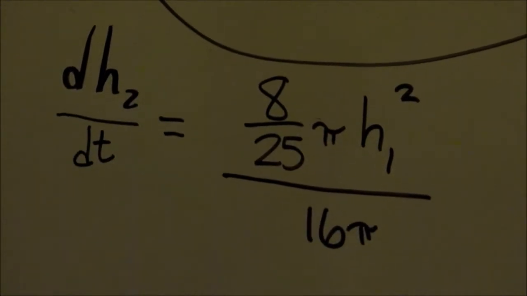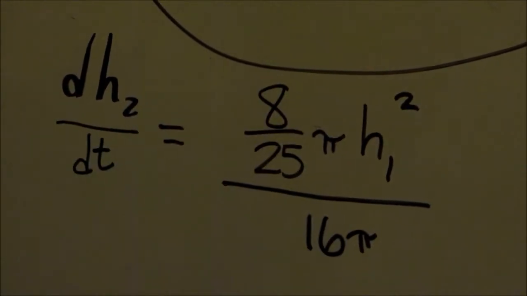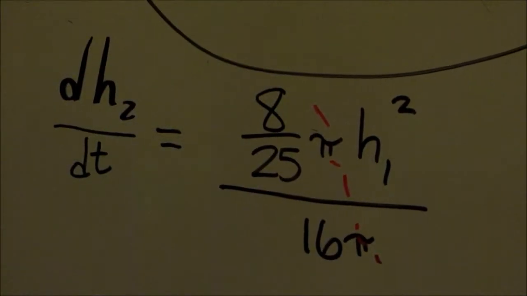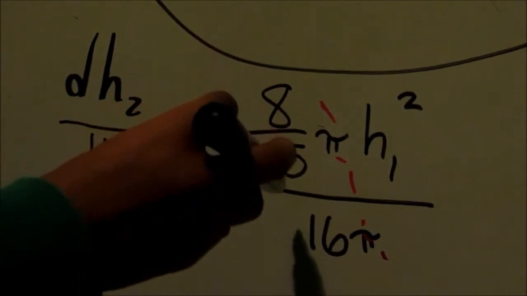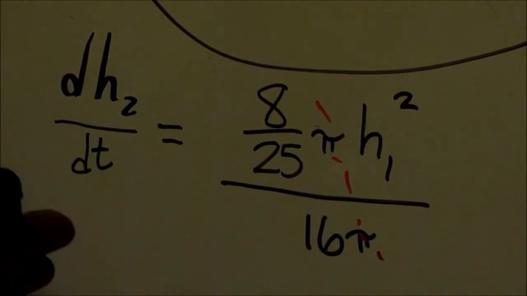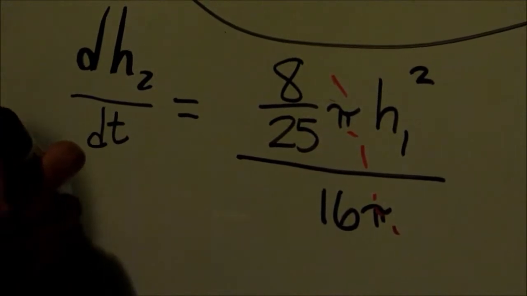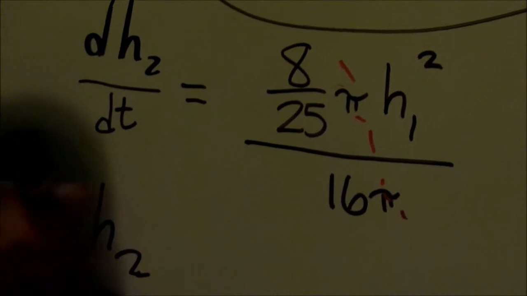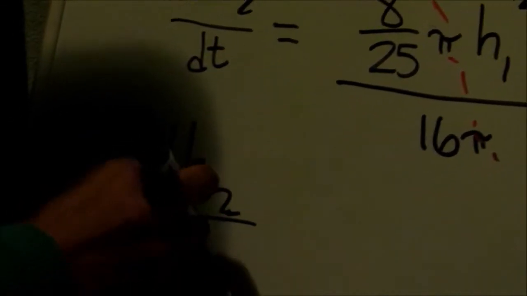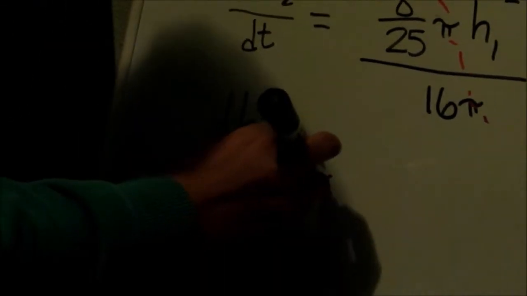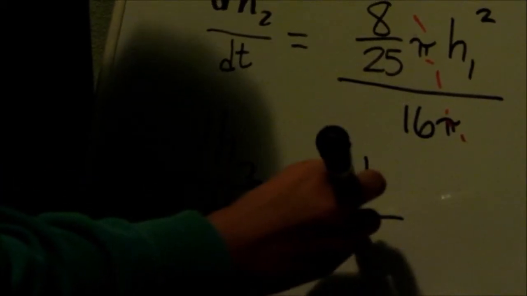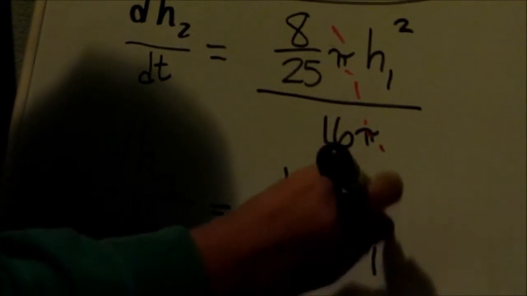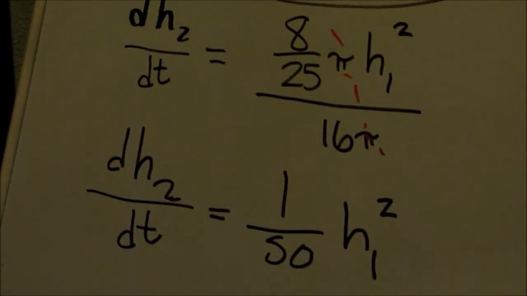To simplify, the pi's cancel out. Dividing 8/25 by 16 reduces to 1/50, and you are left with the derivative of H sub 2 with respect to t equals 1/50 times H sub 1 squared.